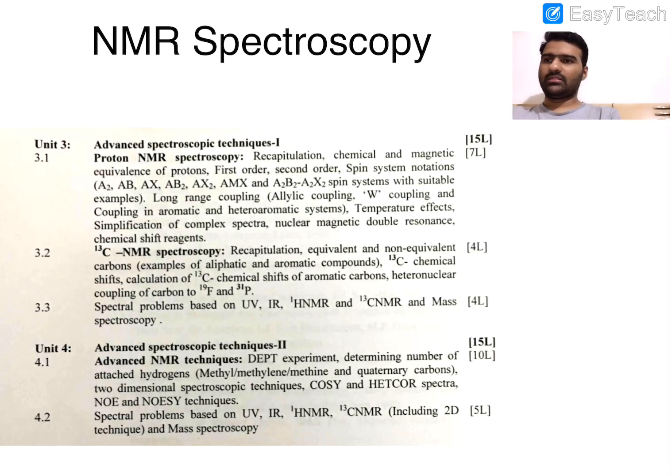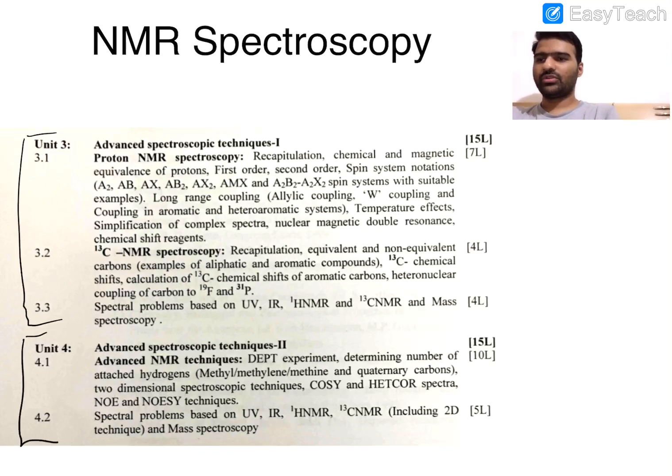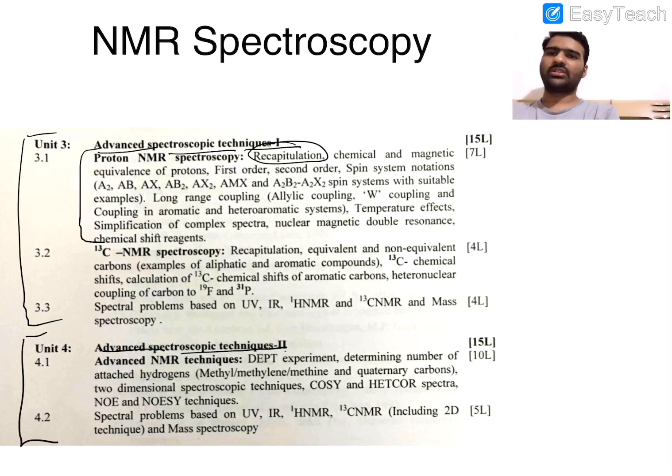Let's look at the broad overview of the syllabi, and the syllabi has NMR split over two units. One of them is termed as Advanced Spectroscopic Techniques 1 and the other one is called Advanced Spectroscopic Techniques 2. And the unit begins with proton NMR, starting with some basic recapitulation, followed by chemical and magnetic equivalence, and then followed by first order and second order spectrum.